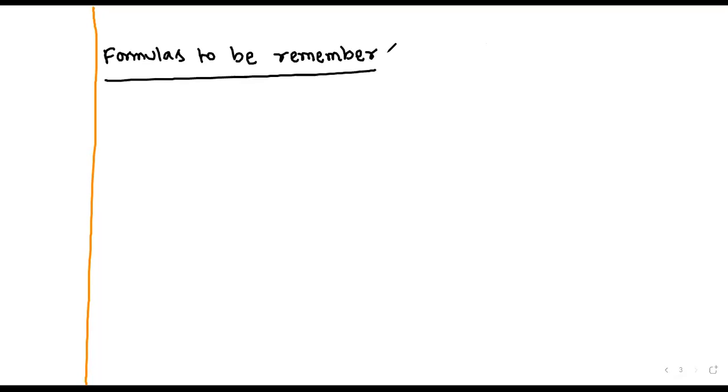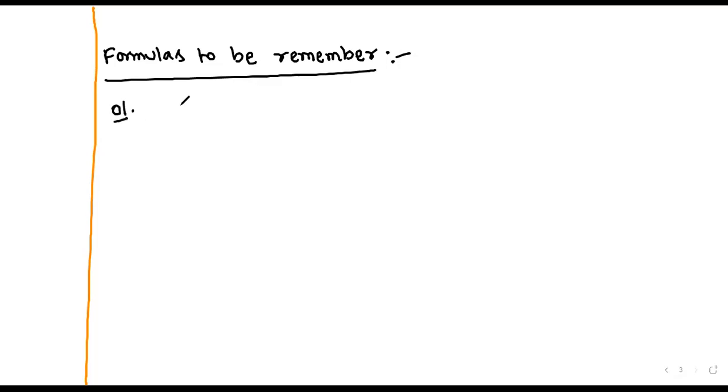Or else keep the side heading as formulas to be remembered.